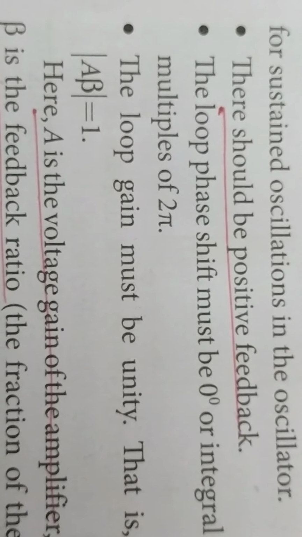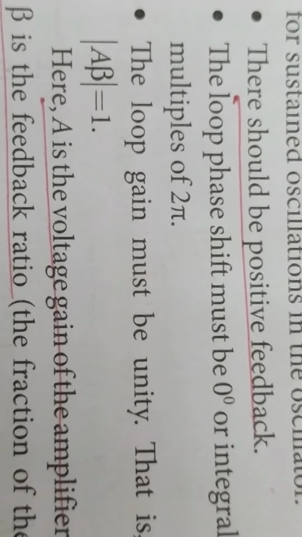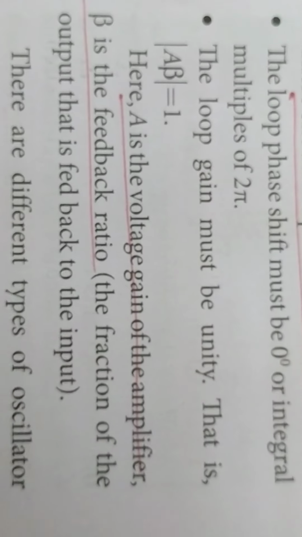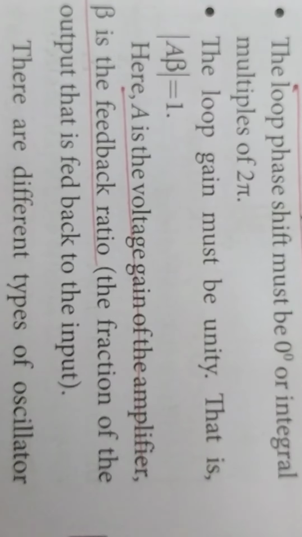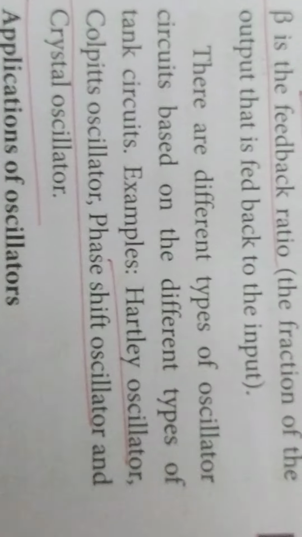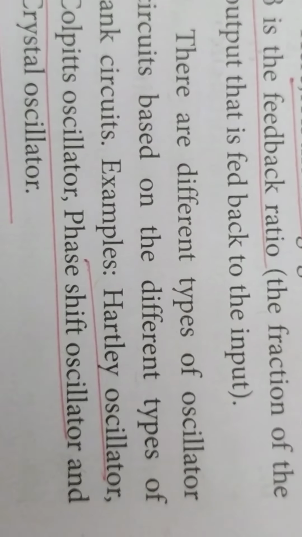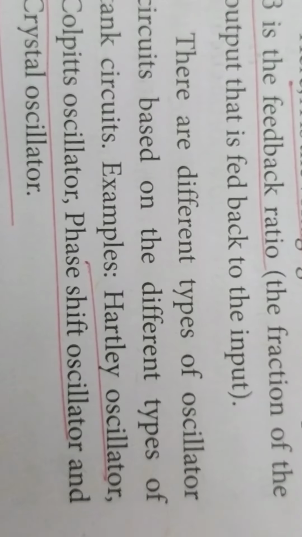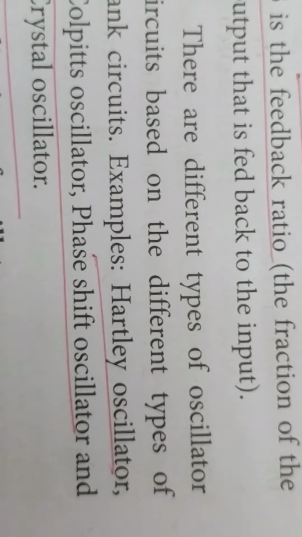That is, the magnitude of Aβ should be equal to 1. Here you know A is the voltage gain of the amplifier and β is the feedback ratio. So here you are getting different types of oscillators: Hartley oscillator, Colpitts oscillator, phase shift oscillator and crystal oscillator.